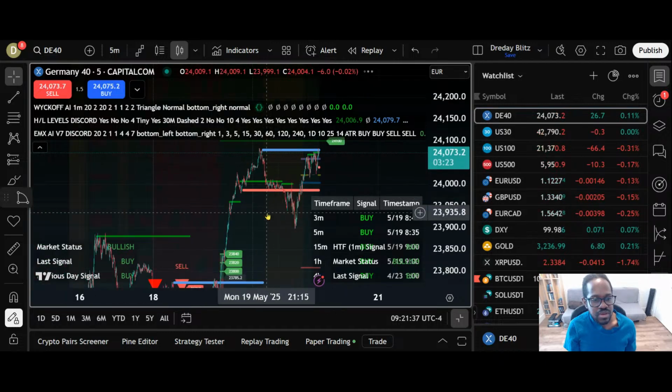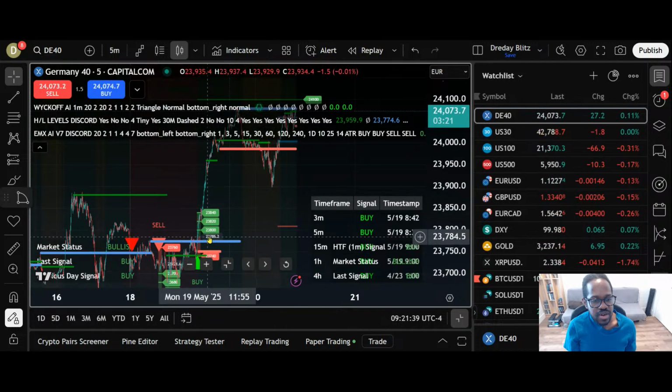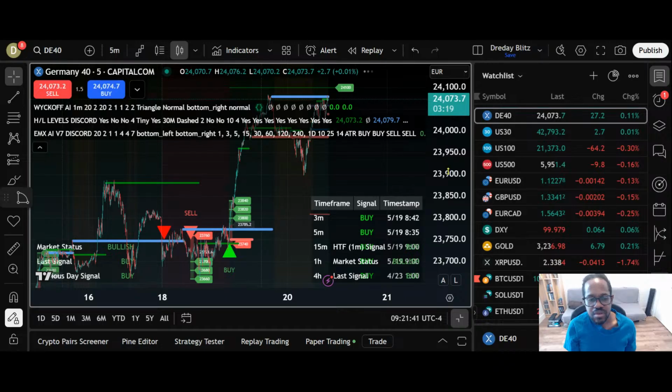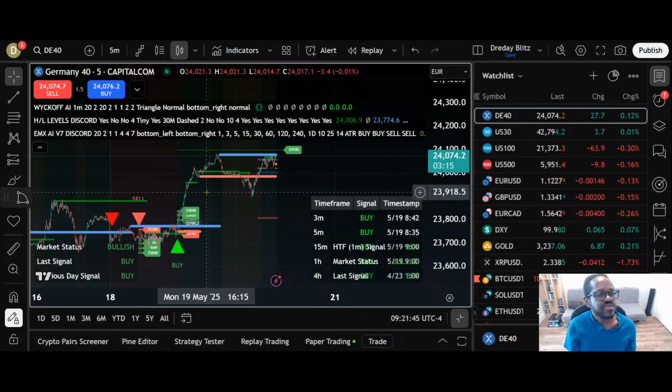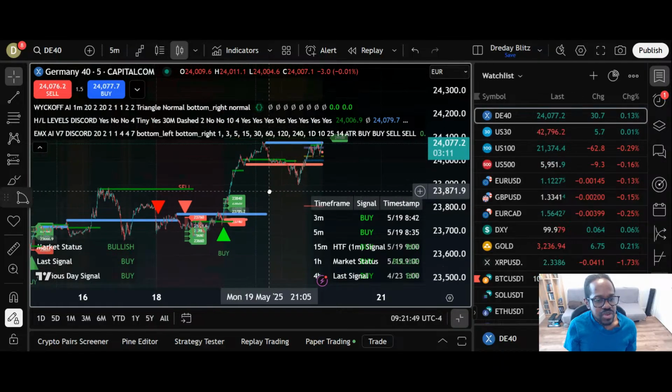So we had a buy here on the 5. So if you were on German 40, you had a buy right here.